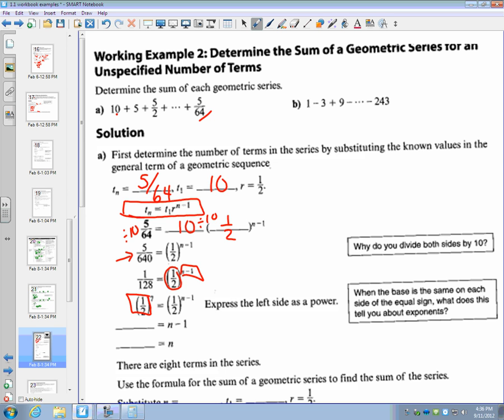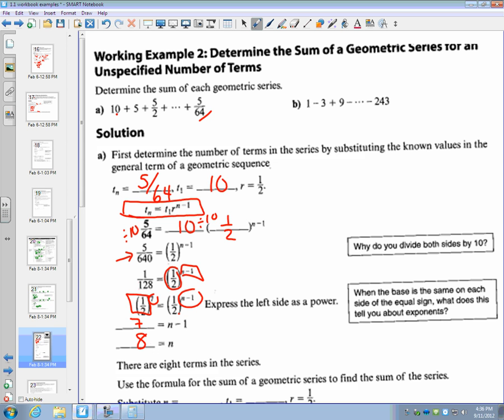So trial and error, they said, well, 2 to the power of 7 is 128. So they rewrote that. Since these two things are equal, if the bases are equal, then the exponents must equal as well. So 7 must equal n minus 1. n has to be 8. Sorry, I can't add.